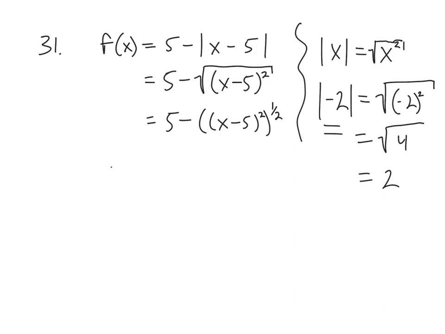So the derivative of f is going to be, well, this first term, the derivative of a constant, is 0, so that's gone. Now we need to look at the outside function. The outside function is this, and that's all raised to the 1/2. So let's use the power rule.